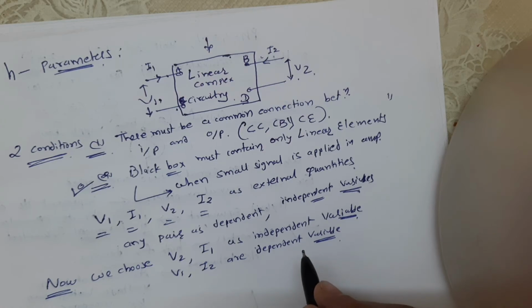Here I repeat, in this case V2 and I1 are chosen as independent variables, while V1 and I2 are taken as dependent variables.